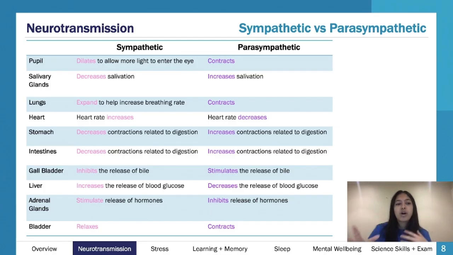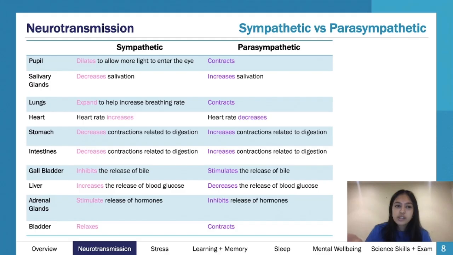Then there's the liver and these hormones that we'll get to, with increased secretion of glucose. It's sort of sending everything to the muscles so that they've got enough energy for fight or flight, basically. But remember all these things because they can be covered, particularly in your multiple choice.